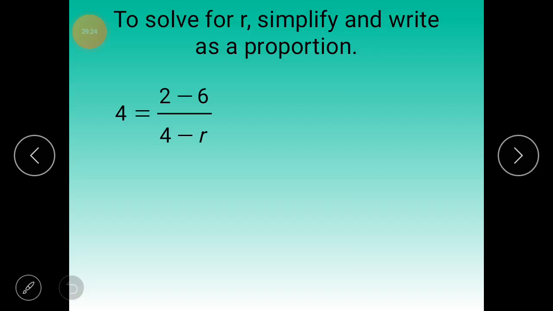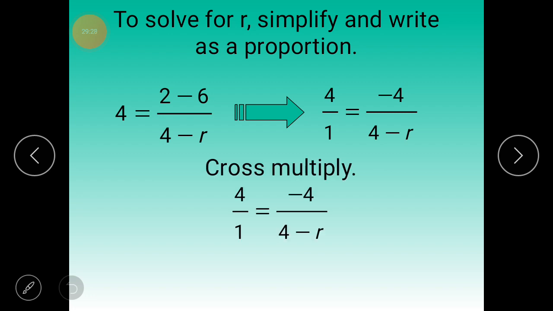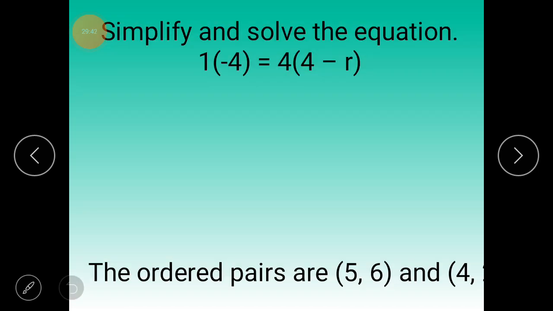Then cross multiply. So this will be 4 times (4 minus r) and 1 times negative 4. So 1 times negative 4 equals 4 times (4 minus r).